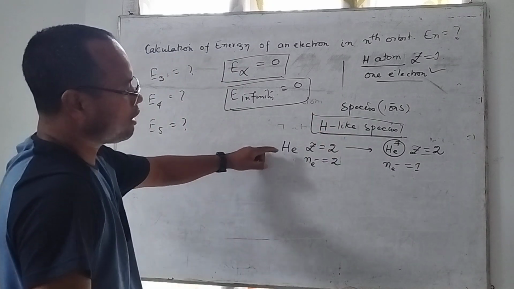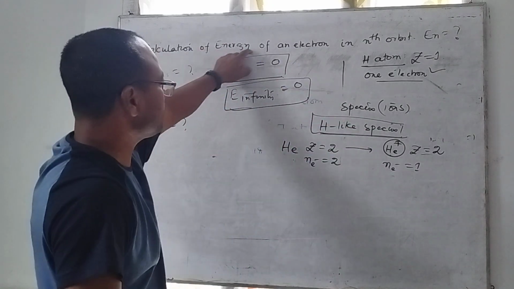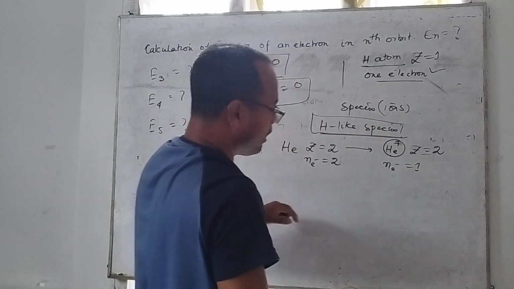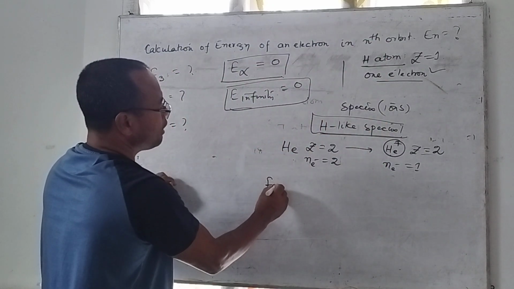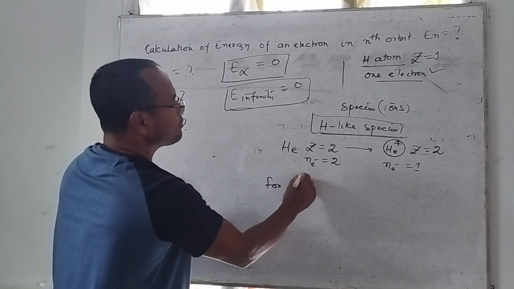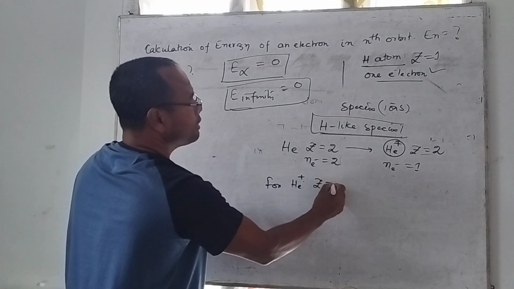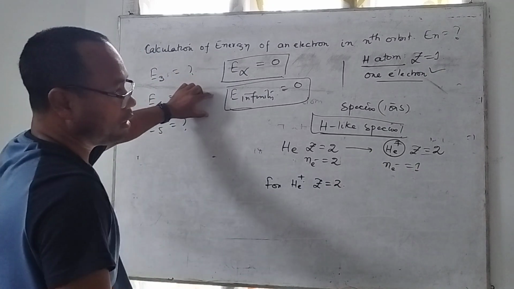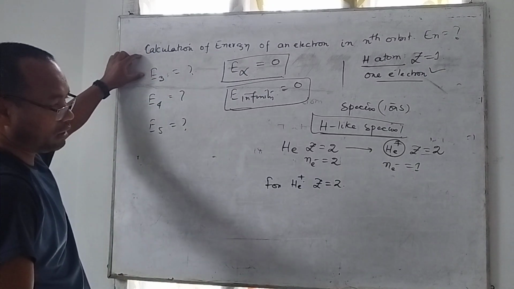Now when we calculate the energy of an electron in the n orbit for the helium ion, what is the atomic number here? That is 2.